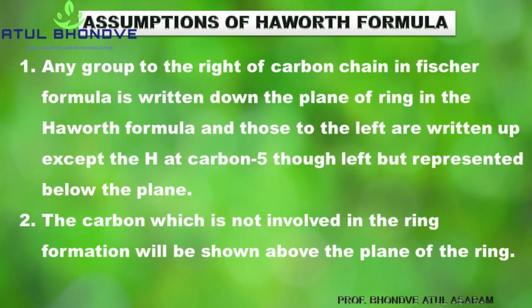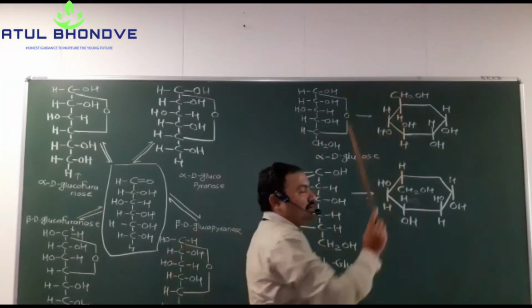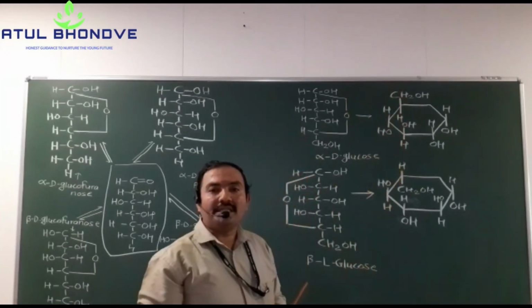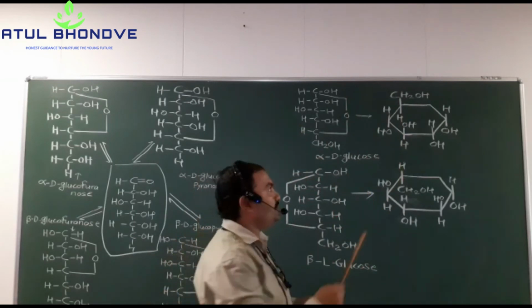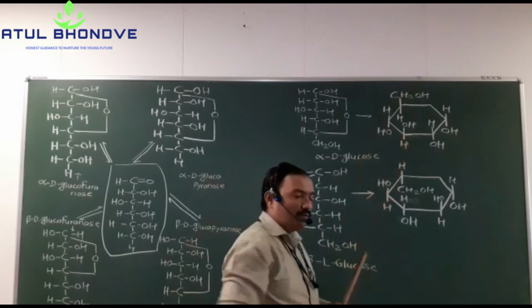The exception is at carbon number 5. The hydrogen is represented at the downward plane, as represented here at the left, and the group which is not participating in the ring formation is represented at the upward position of the ring formula.